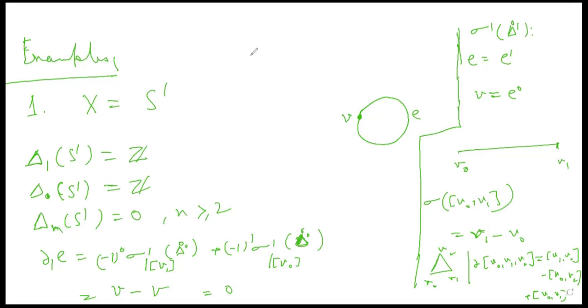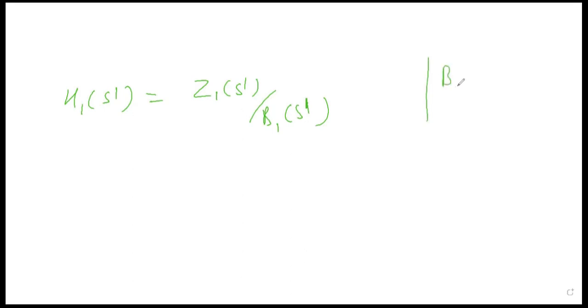Now what will be Z1 S1 by B1 S1? But there are no... what is this, B n X? It is the image of n plus 1, but there are no two-dimensional simplices.